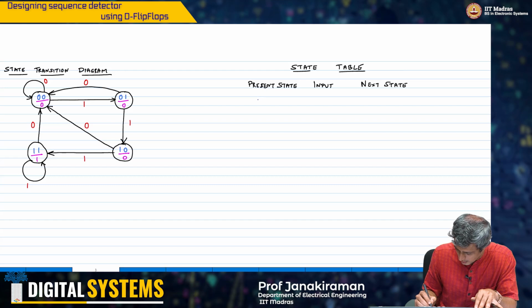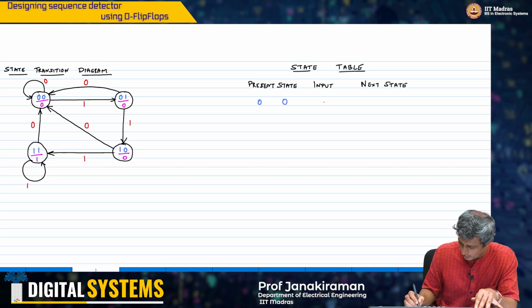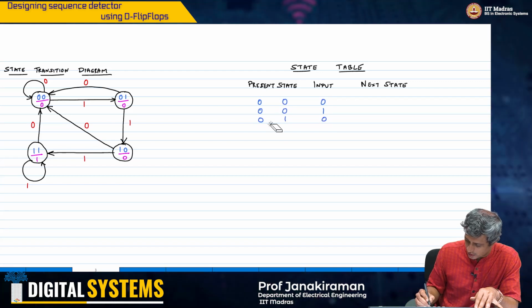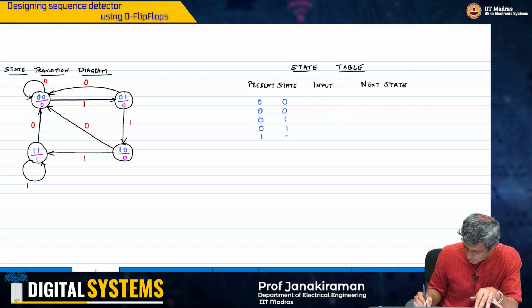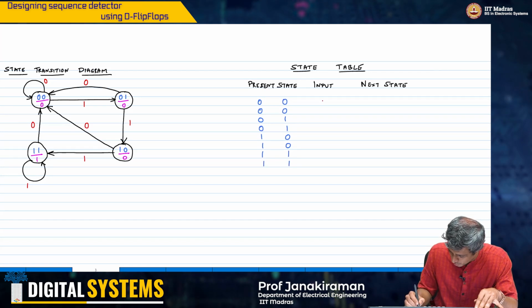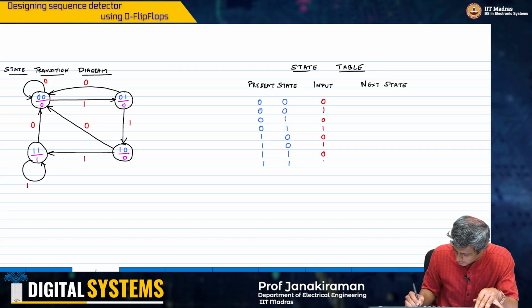Present state is 0 0, input is 0 1 0. I'll write this later. In red, I will write the inputs 0 1 0 1 0 1 1.